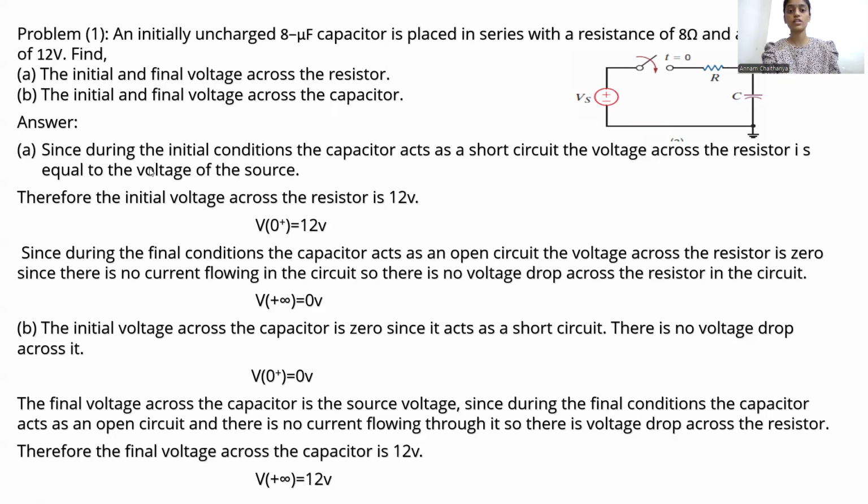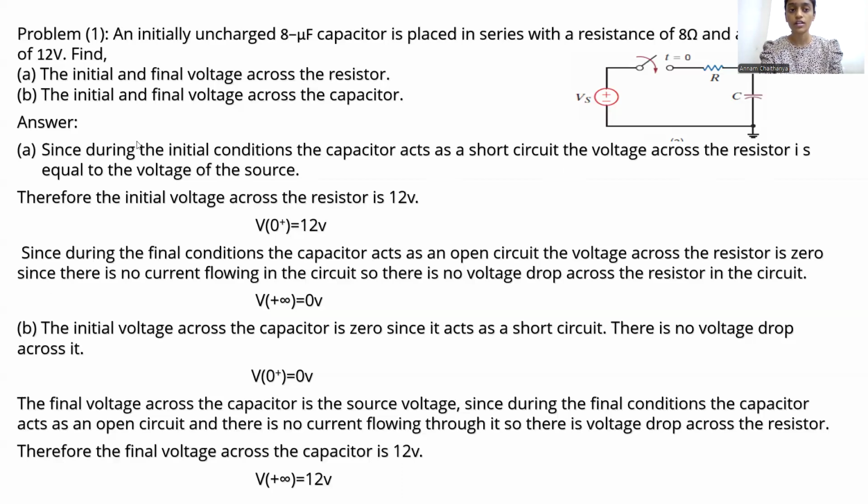Since during the initial conditions the capacitor acts as a short circuit, the voltage across the resistor is equal to the voltage of the source. Therefore we can say the initial voltage across the resistor is 12 volts. This 0 plus indicates the initial conditions after we close the switch of the circuit.